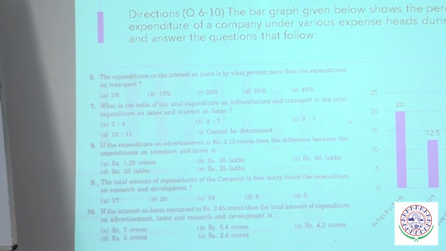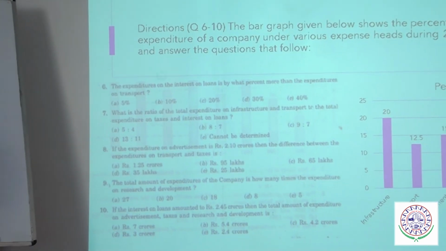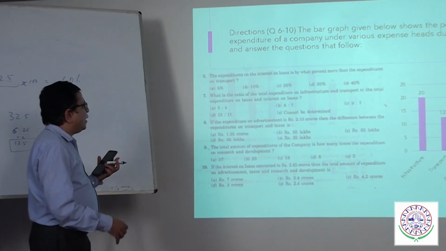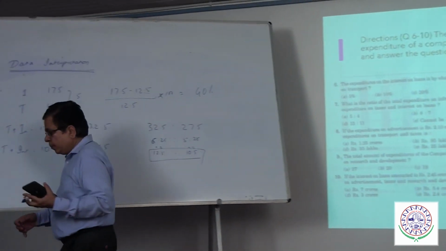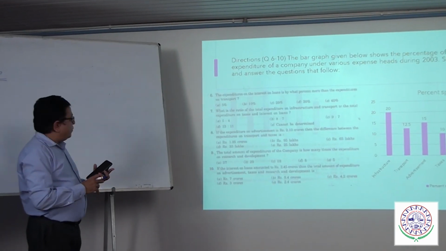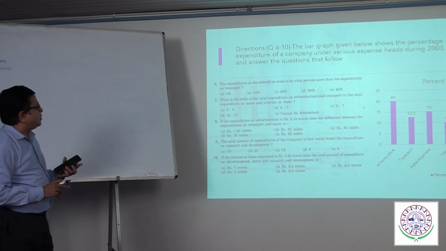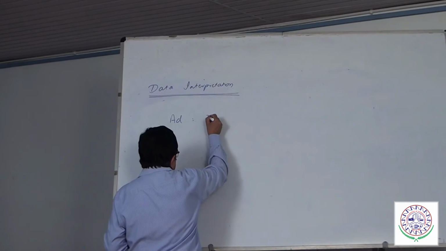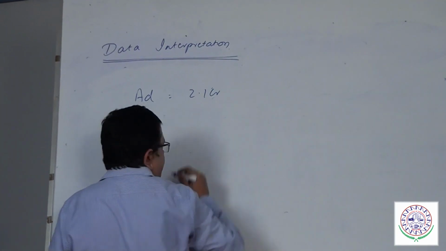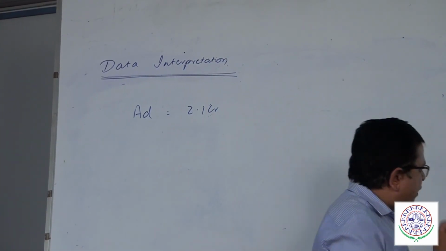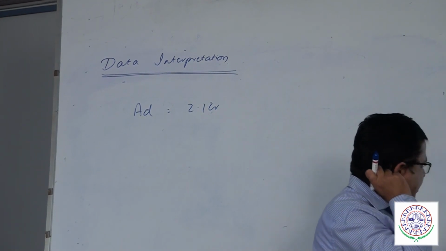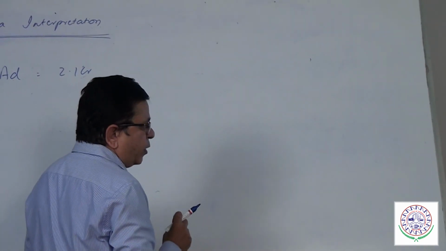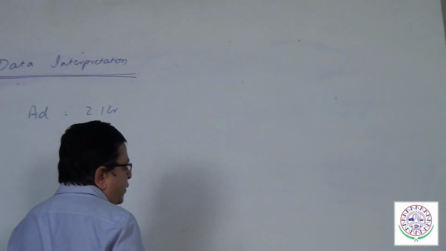The next question, if the expenditure on advertisement is 2.1 crores, then the difference between the expenditure on transport and taxes is, that's a very complicated one. I am reading the question again. If advertisement expense is 2.1 crores, then the difference between expenditure on transport and taxes is how much? Advertisement is 15%.